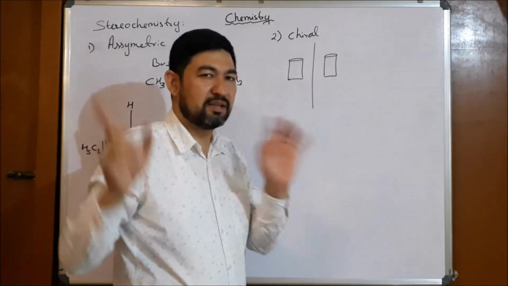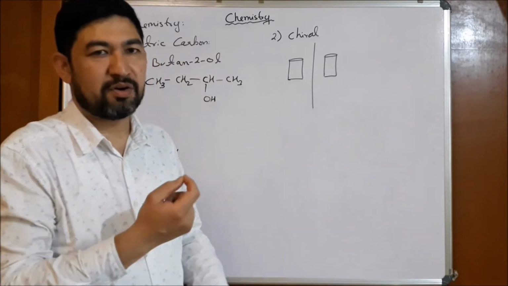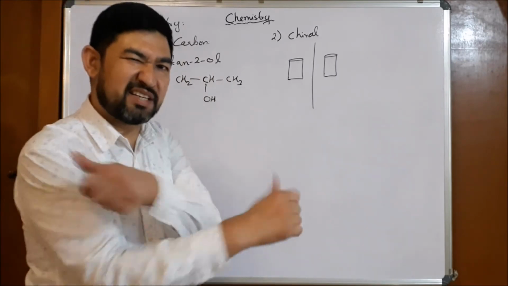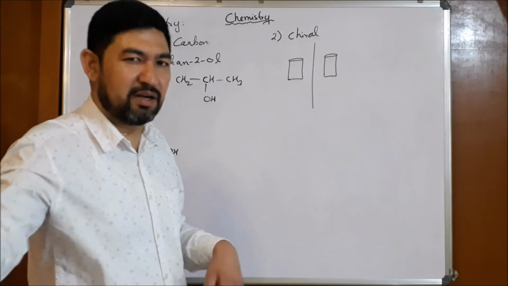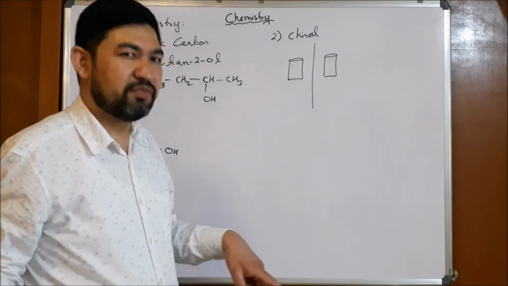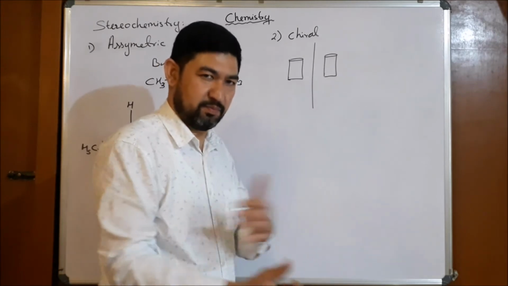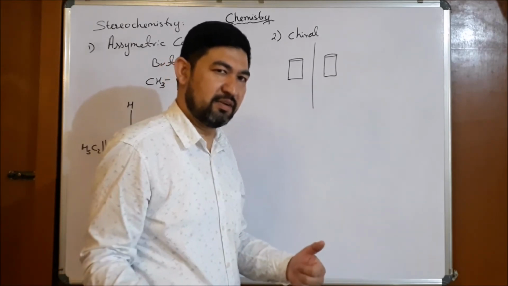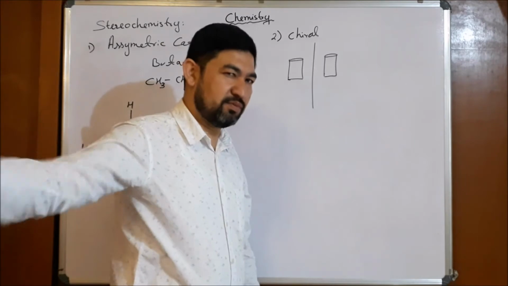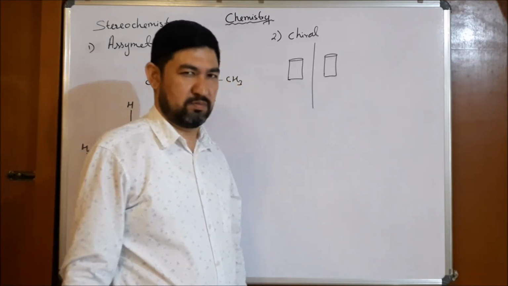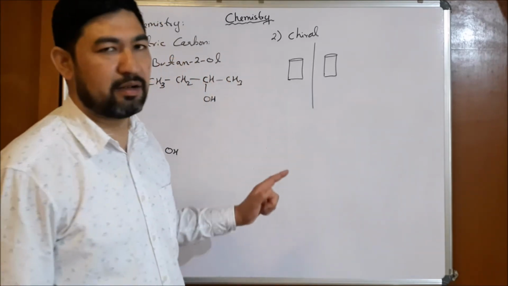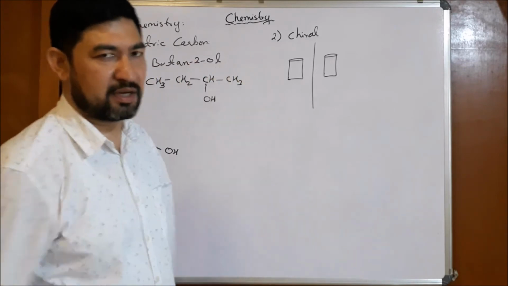Think in this way: can we replace our left hand with our right hand? If we exchange both hands, left to right and right to left, does it look the same as earlier? No, right? So these are chiral. A pair of hands is chiral.